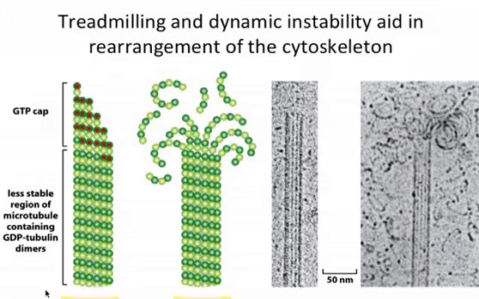So here's what we're talking about with the GTP cap. With microtubules, when they're growing, there's a lag in GTP hydrolysis. Remember, every time a monomer, or actually a dimer in the case of tubulin, every time a tubulin dimer binds to a growing microtubule, you're going to have GTP hydrolysis.